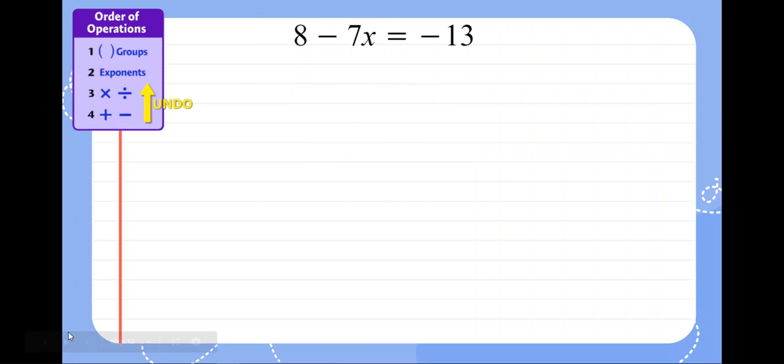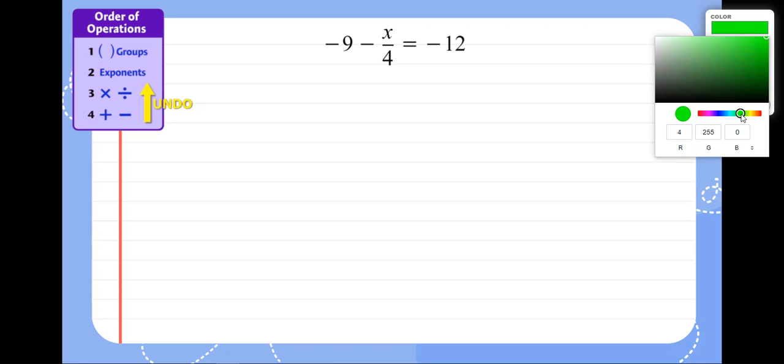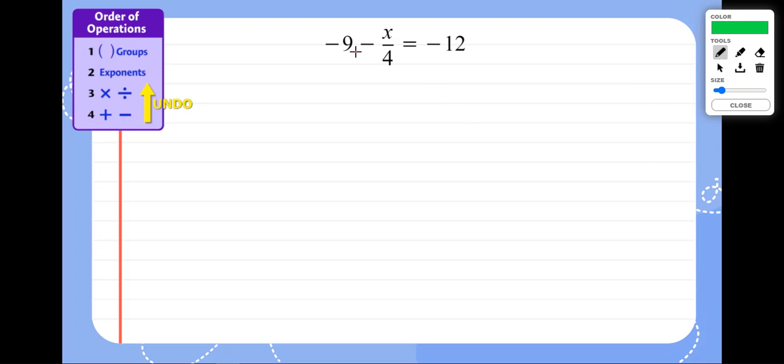Let's look at another example really quick. This is a really similar example, but we're working with subtraction and division instead of addition and multiplication. That said, the minus sign in front of the 9 stays with it. So remember, the sign in front always belongs to the number after it.